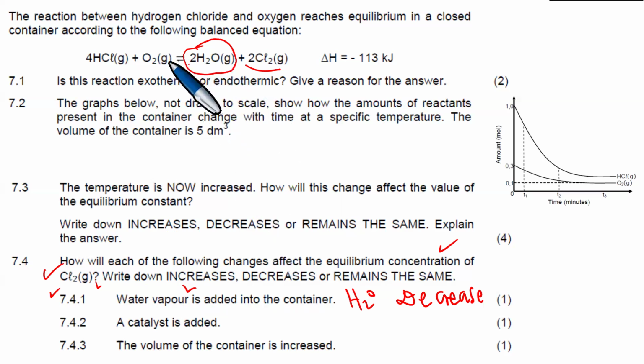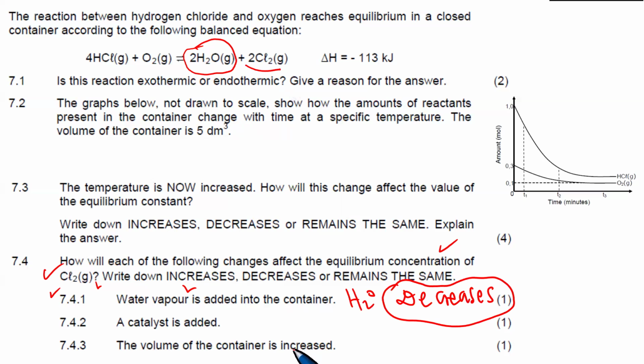If the reverse reaction is favored, it's going to drain the products, reduce the products, and therefore there's a decrease there.